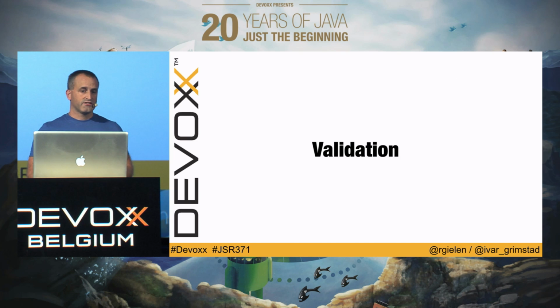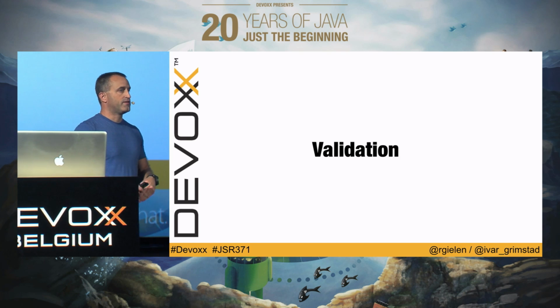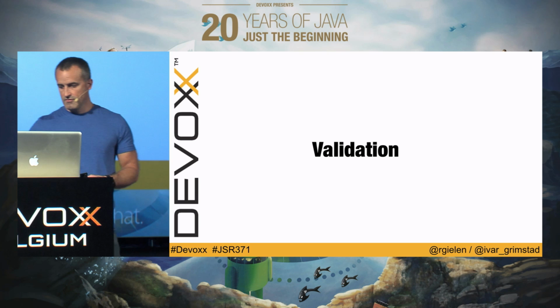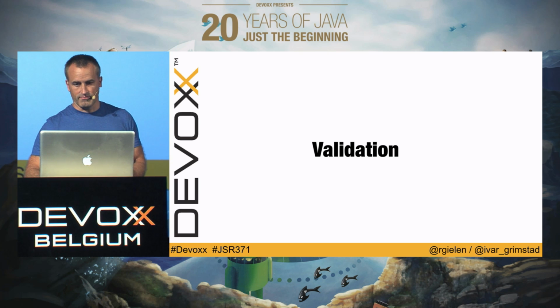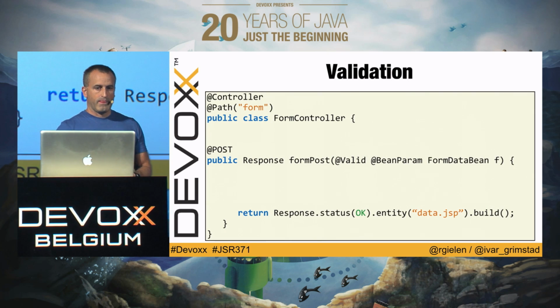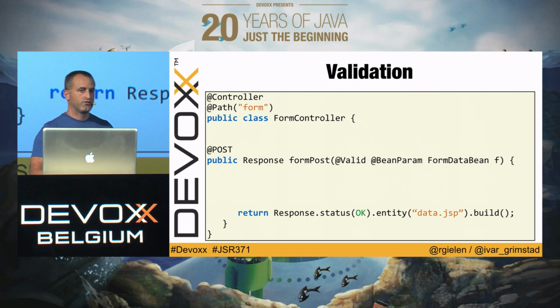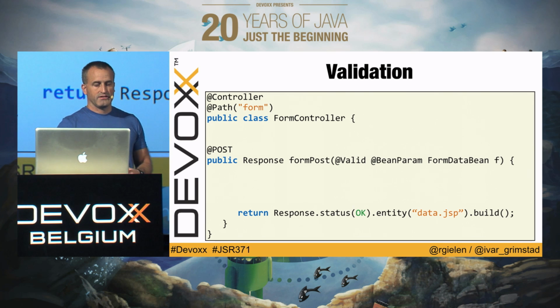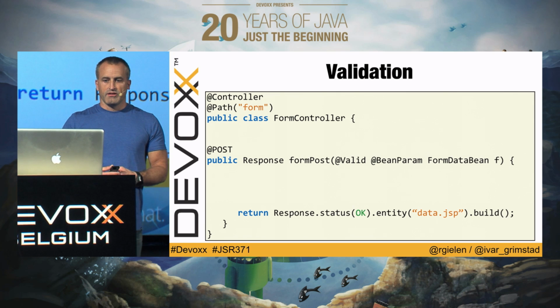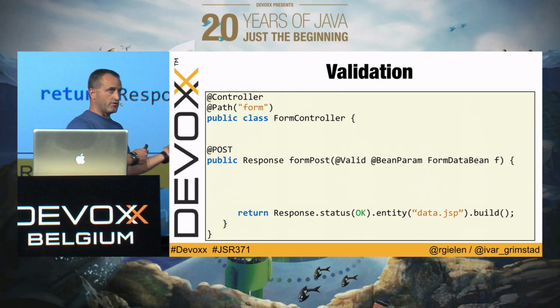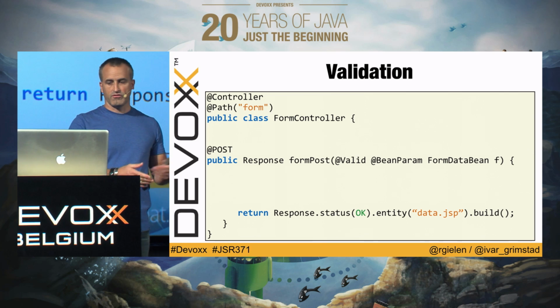And MVC comes with bean validation. So let's look at an example. If you have a controller here that just has a POST method and it takes in a bean parameter from a form.